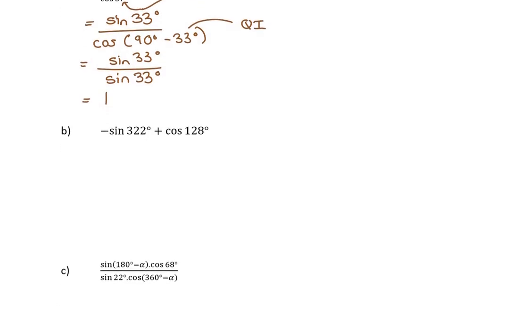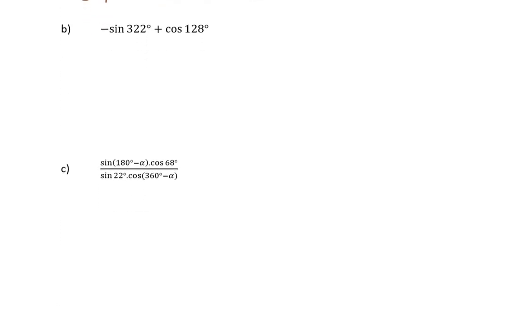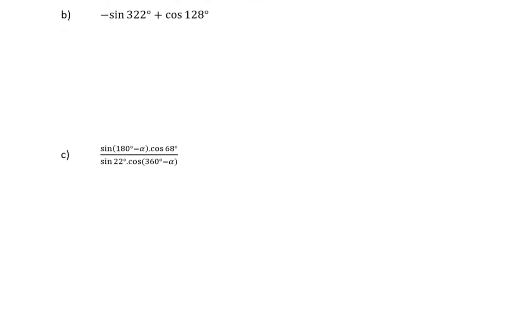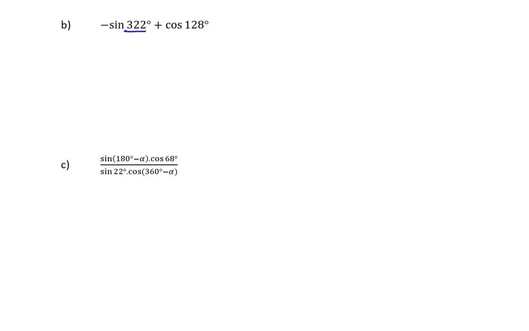Okay, let's have a look at the next one. If I look at the next one, sine of, and there's 322. Now there's no ways that's going to be a special angle. And then there's 128. So basically I need to look at 322 degrees, and I need to look at 128 degrees, and I need to find out, can I rewrite both of them into an angle that is common?